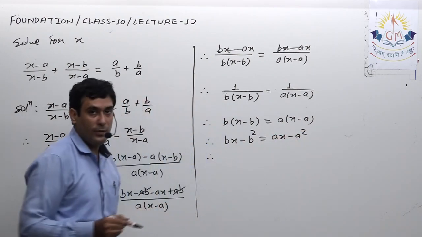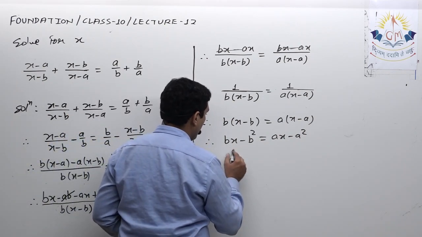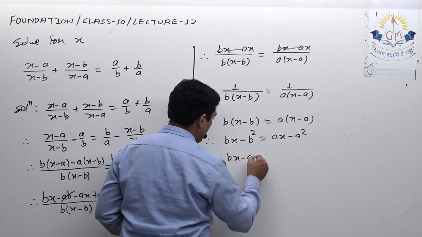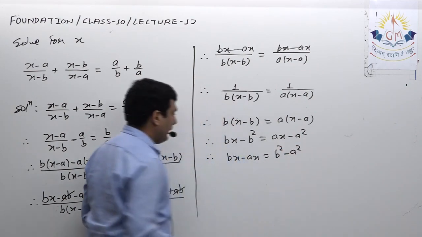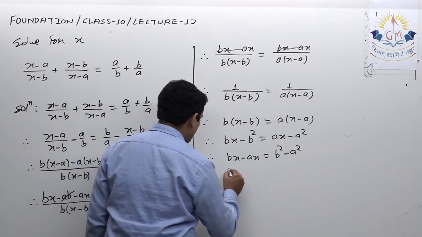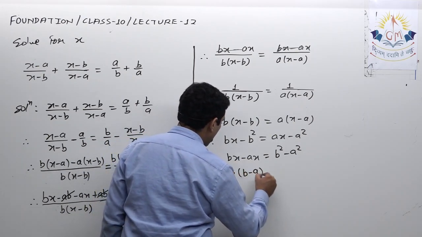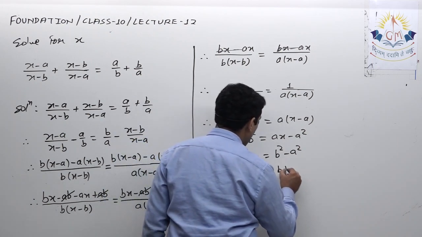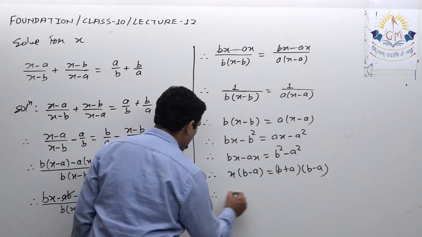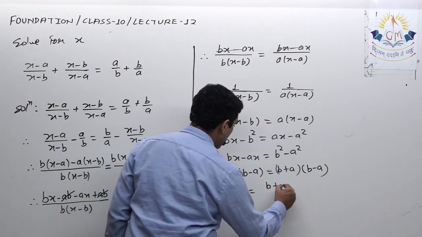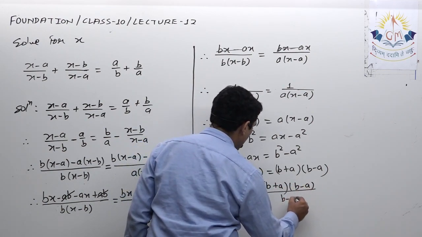I need to get x, so I will take terms containing x on one side. So bx minus ax is equal to b square minus a square. From here I can take x common, so x into b minus a, and from here it will become b plus a into b minus a. So finally x is equal to b plus a into b minus a upon b minus a.